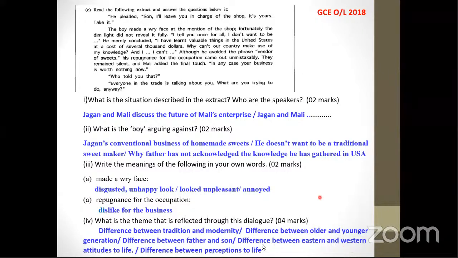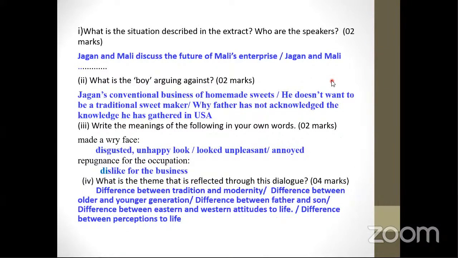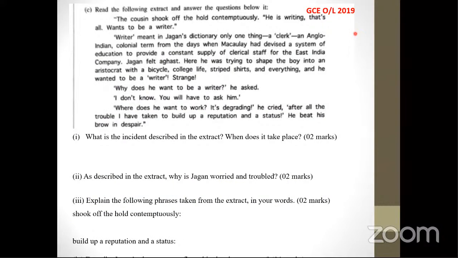Good. So go into what is the theme that is reflected, in a bit of detail. These are the themes focused on in the novel. When you are writing your essay type answer, you will focus on those in detail. The same thing is coming in the slide. We are going to the 2019 paper now.